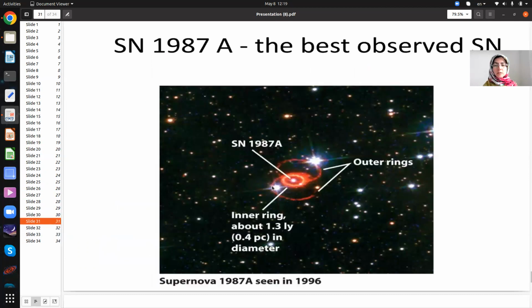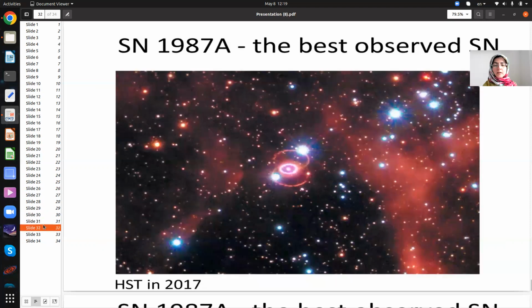And here you see supernova 1987A, the outer ring, and this is the inner ring, about 1.3 light years or 0.4 parsec in diameter. It's seen in 1996.